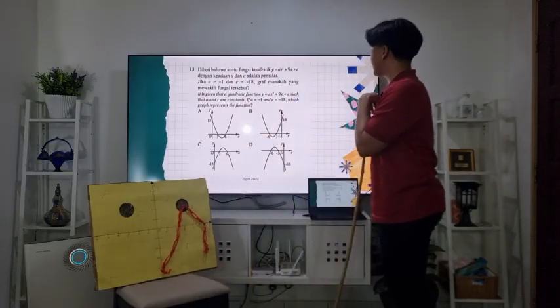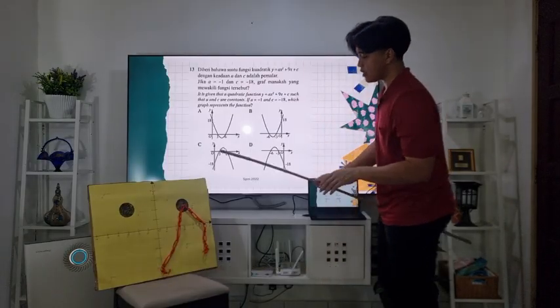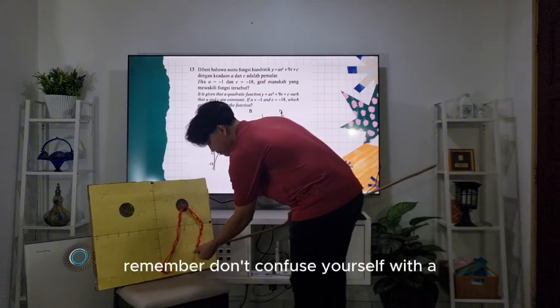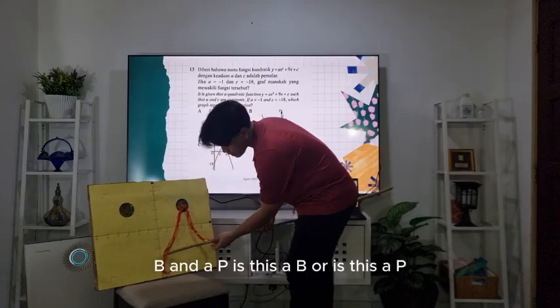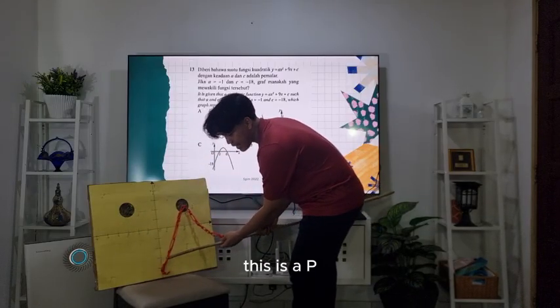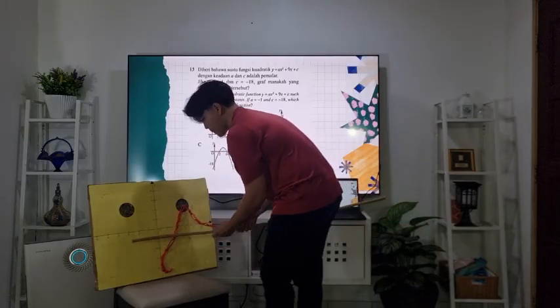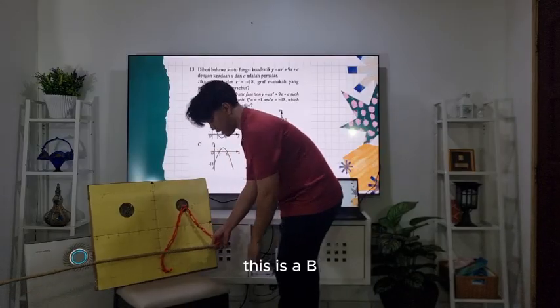And the last part is b. Again, the b is positive. All I have to do is get this in. Remember, don't confuse yourself with a b and a p. Is this a b or is this a p? This is a p. So just have to shove it a little bit deeper. This is a b.